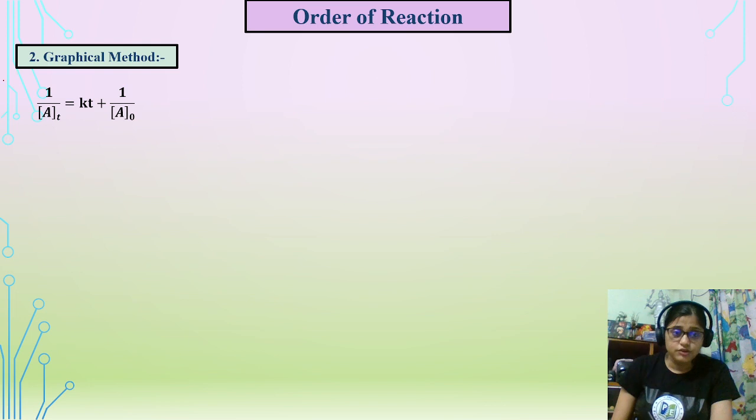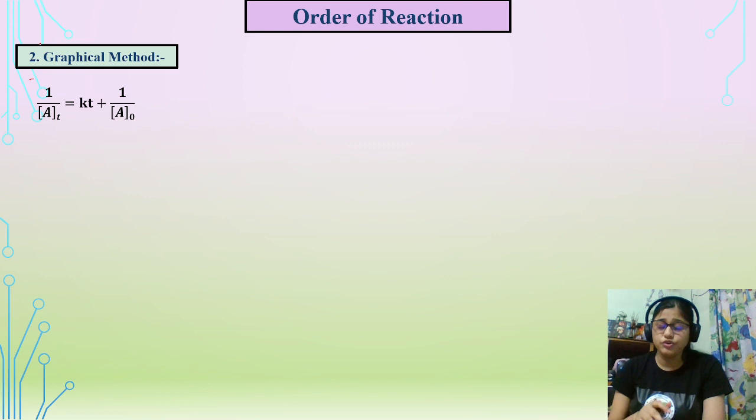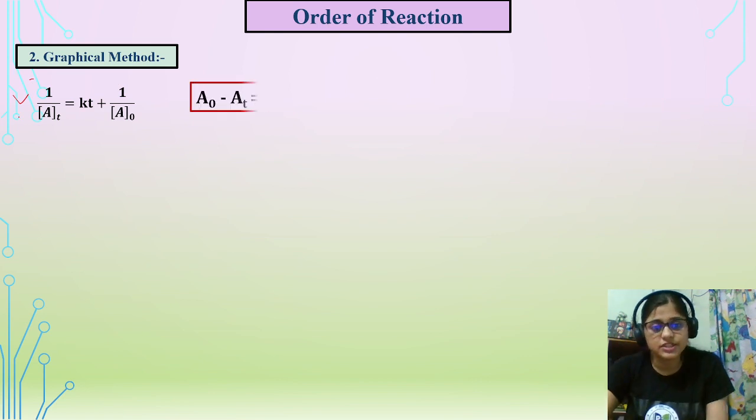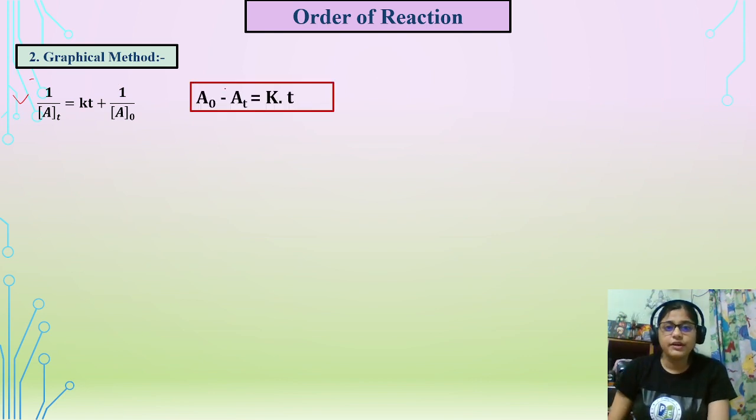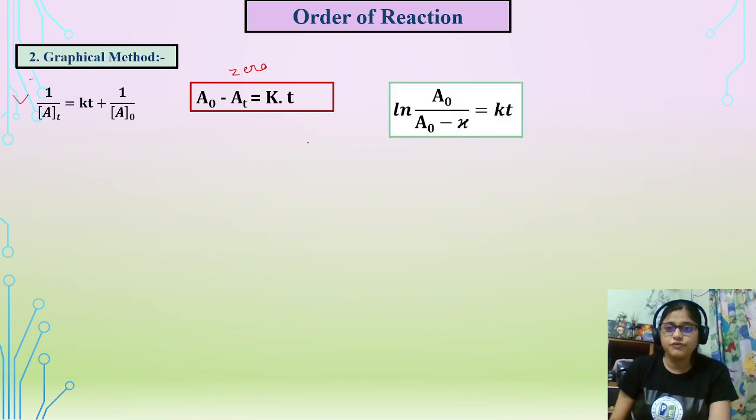I have told you when I was teaching these reactions, I have shown you these graphs. At that time I told you this part, right? This is for second order reaction. This is for zero order reaction. This is for first order reaction.